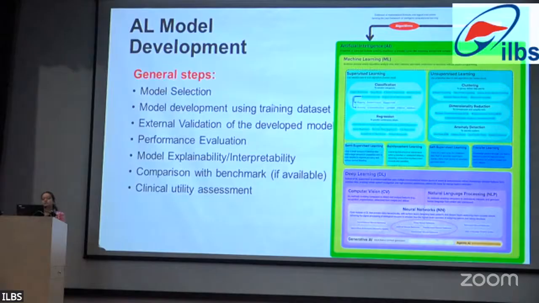And after the model development, the performance evaluation and interpretation is important for clinicians to understand how the model is working, and the explainability of the model is also very important for gaining trust. So comparison is also needed, and the clinical utility assessment is also very important.